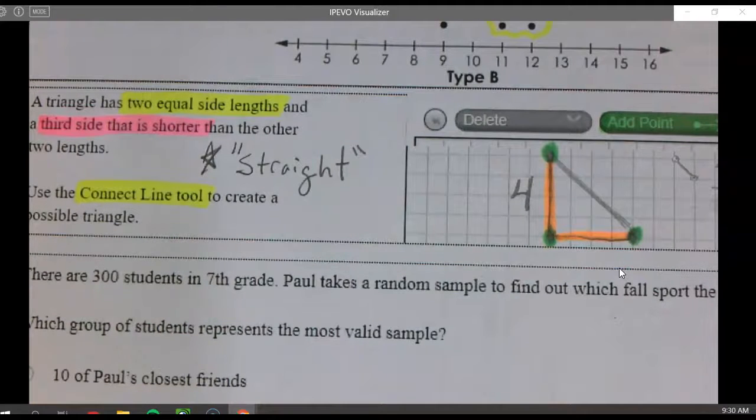Is there another way that I could make equal lengths, but use the diagonals to make my other opening small? Miriam? Yeah, remember when we talked about triangles?